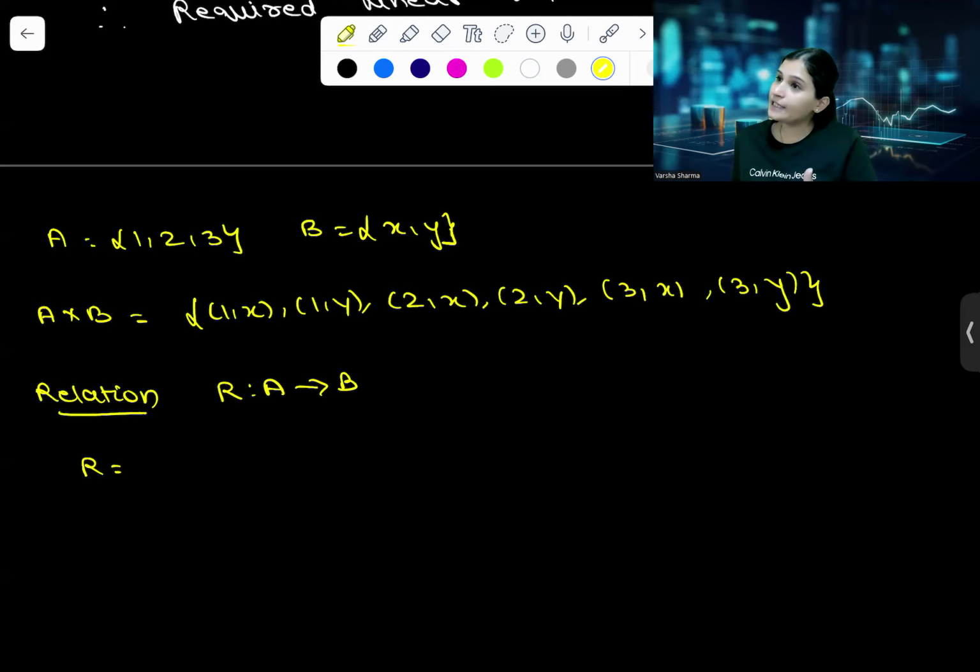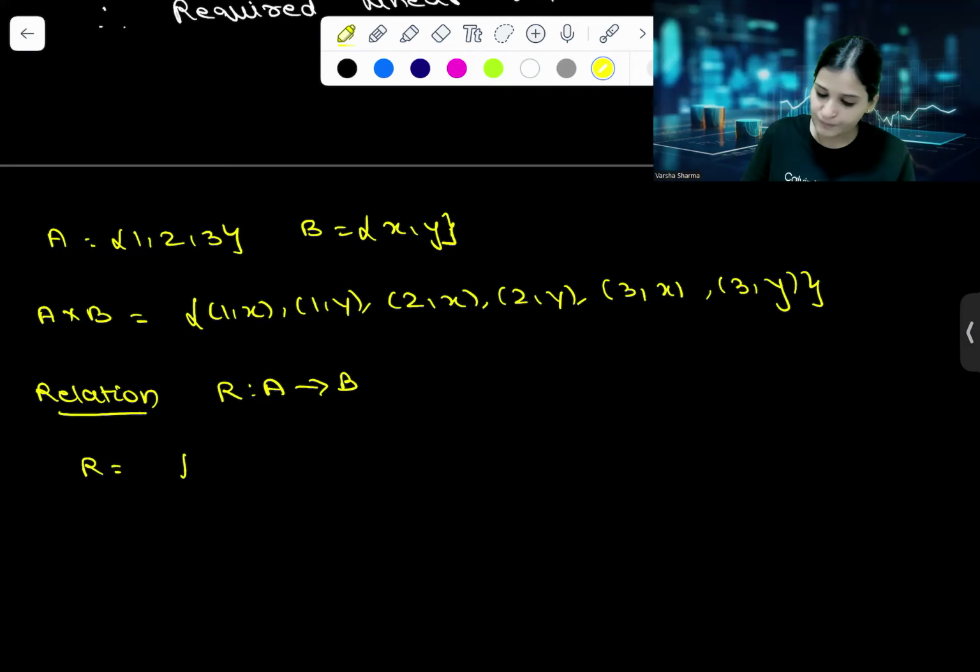The only thing I need to consider is that the x coordinate should be from the first set A and the y coordinate should be from the second set B. Whether I want to form a pair or not, how many pairs I want to form, that's completely on me. But in product, I did not have that luxury. I have to form every pair. In relation, it's on me how many pairs I want to form.